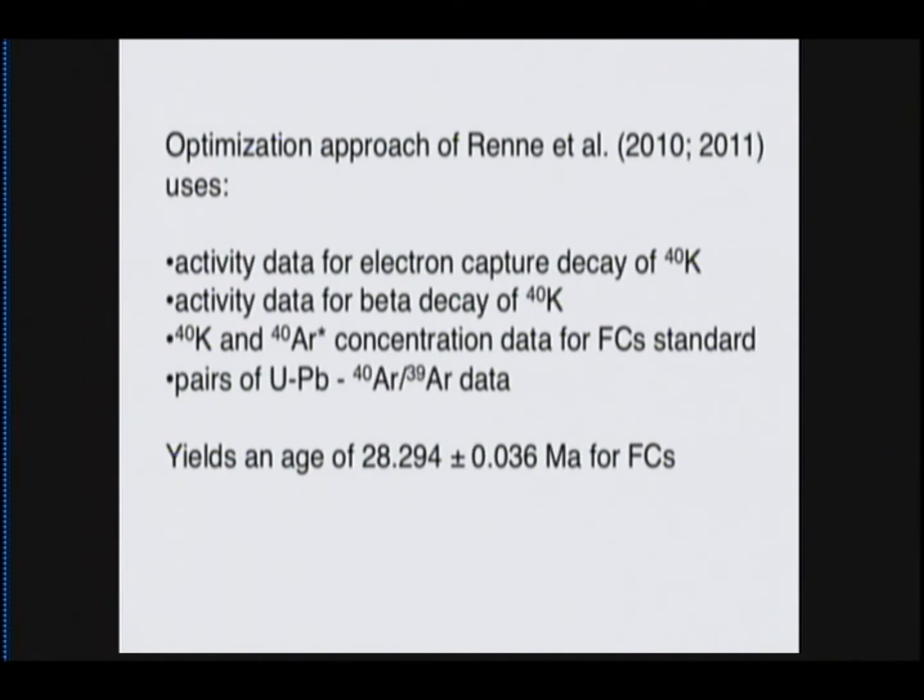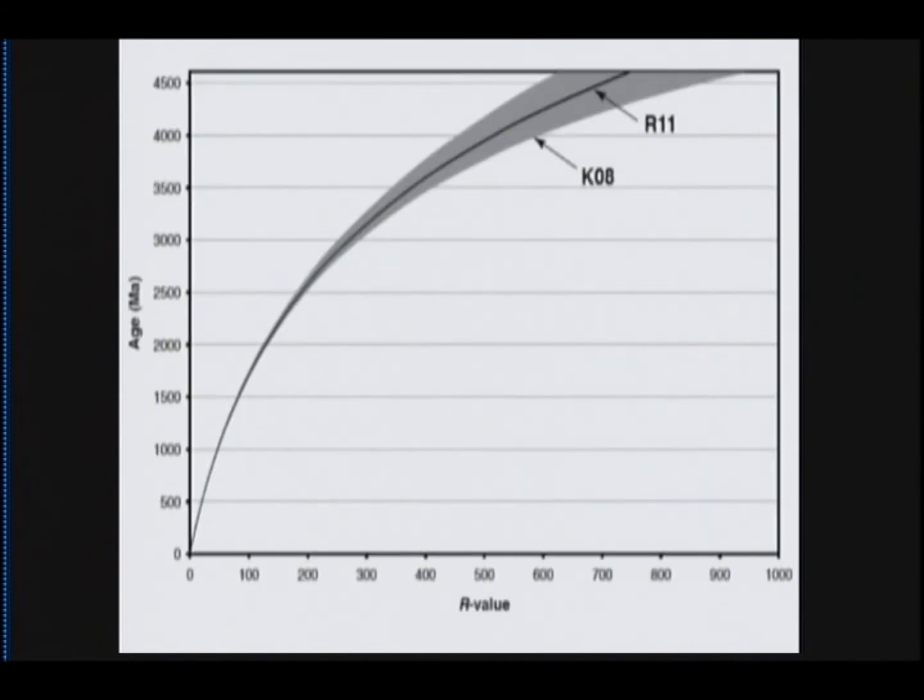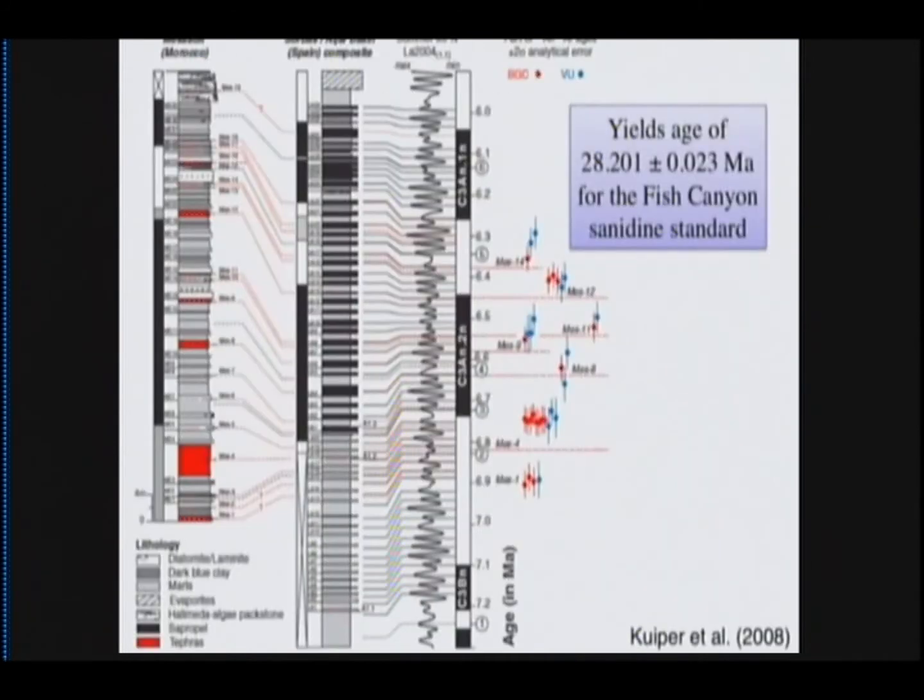Now, in this case, this age is not the main product of this calibration. It's a consequence of the calibration. You'll notice that compared with the previous one, the age is pretty comparable, 28.294 versus 28.201, but the uncertainty shown here, 36,000 years, is 50% larger than the uncertainty derived from this process.